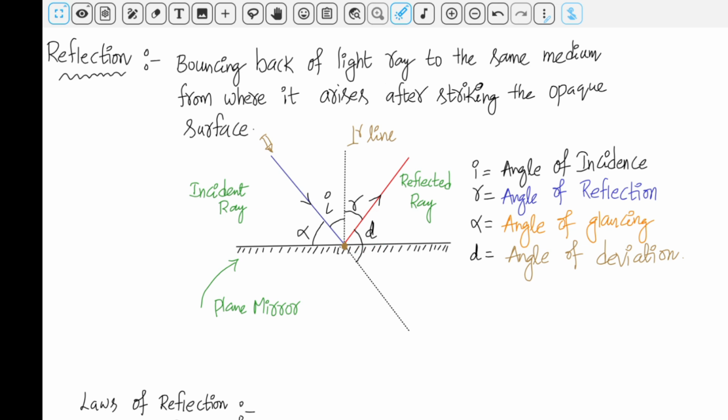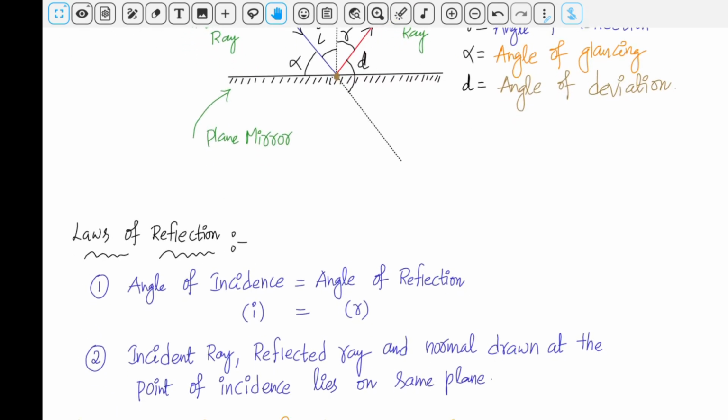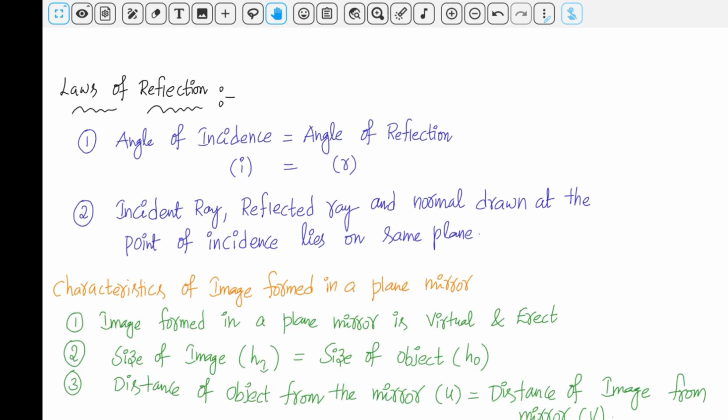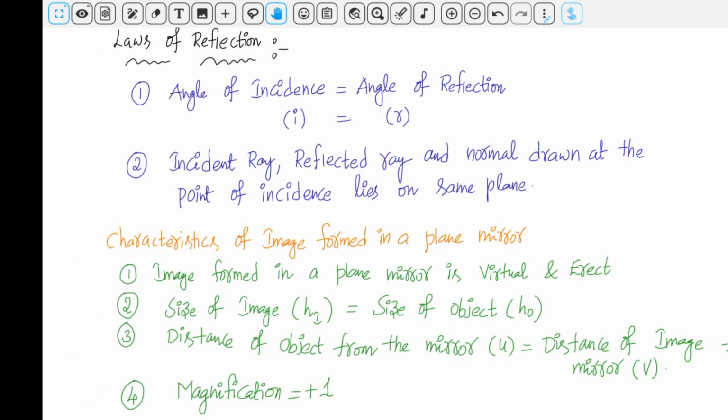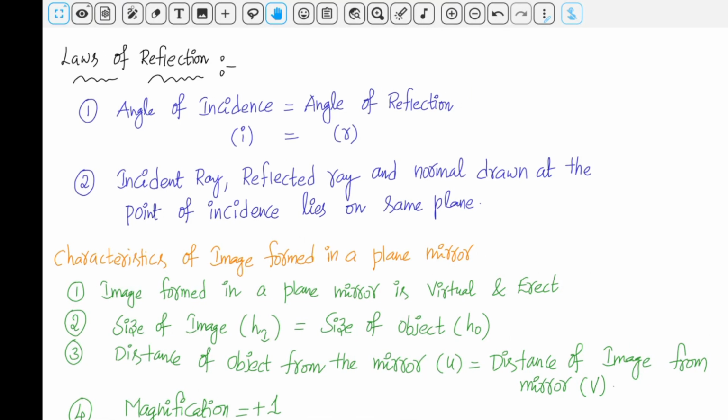Now, let us try to understand what are the two important laws of reflection. All the plane mirrors, not only plane mirrors but also spherical mirrors, work based on laws of reflection. According to the first law of reflection, angle of incidence is equal to angle of reflection.